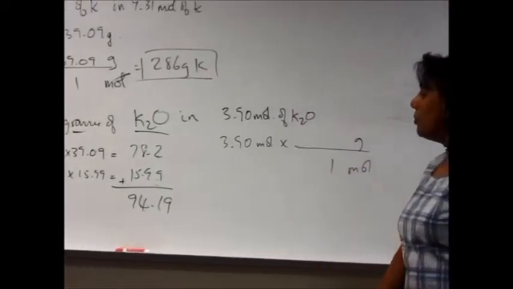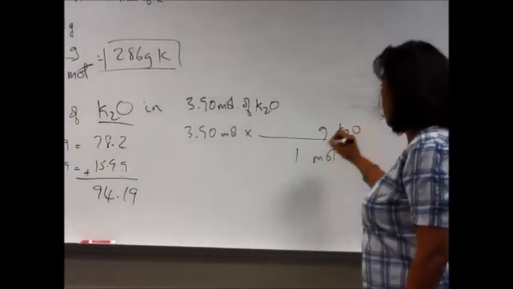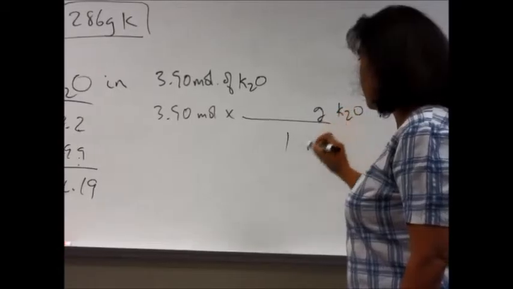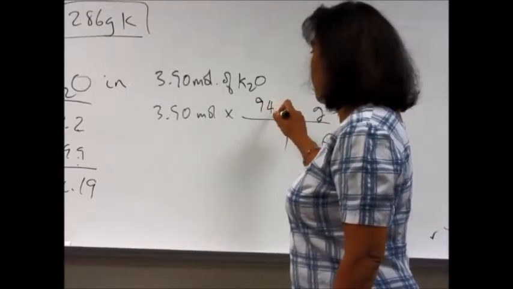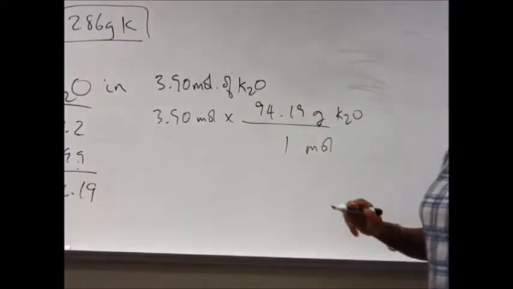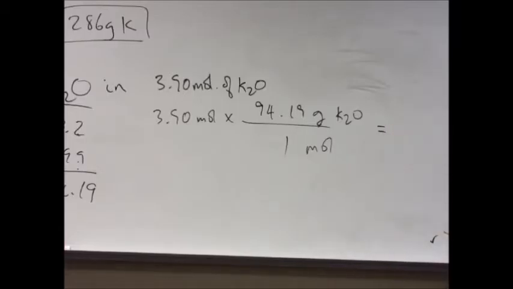So here we have 3.90 moles times, and then again you have grams and moles. So now in 1 mole of K2O, potassium oxide, we have 94.19 grams. I didn't round till then. What did you get? I got 367. I got 283. I got 367.